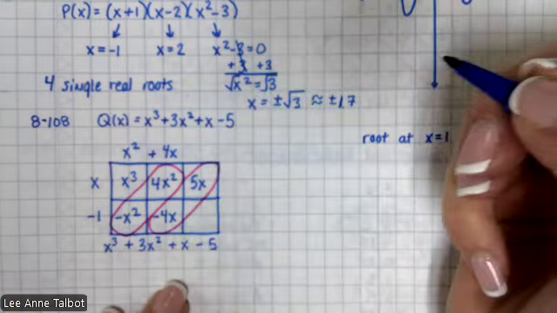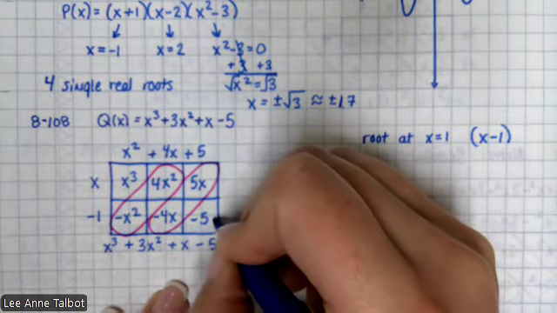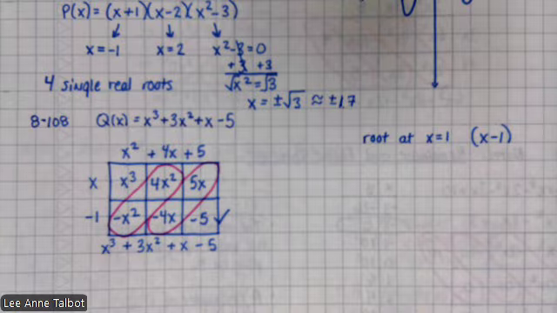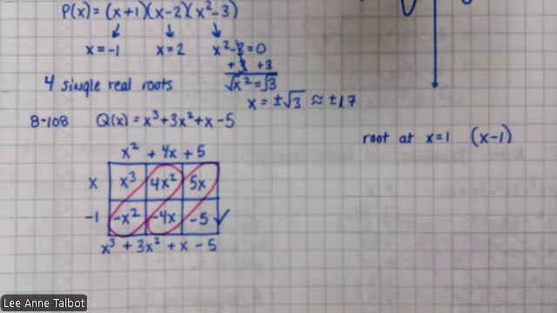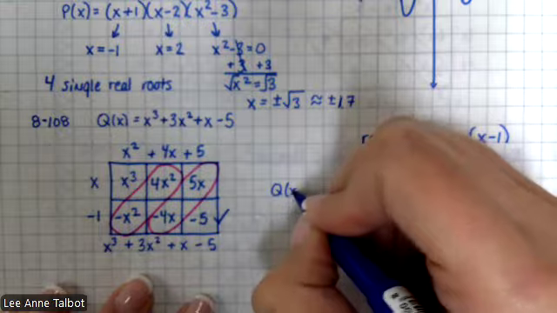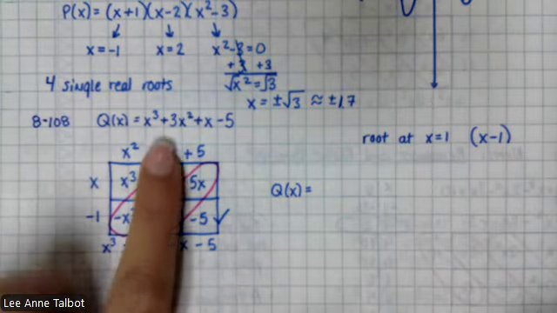Five x, 5, negative 5, zero. Okay, so what do I have so far? I have Q of X equals, so this factors into this times this.